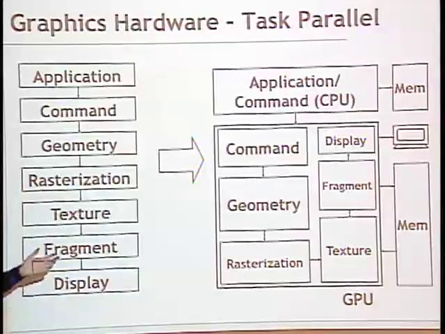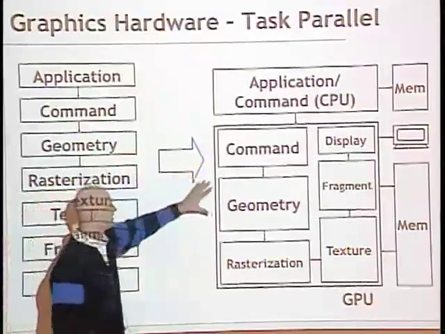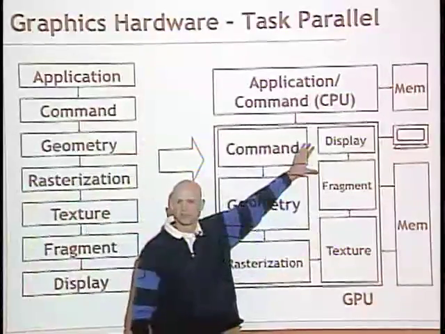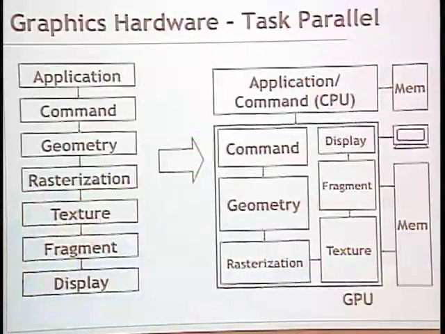You can do rasterization an order of magnitude faster, better, with less power and less area than you can if you use a general purpose machine. So that's really the win, that no matter how you built the CPU, it just couldn't keep up. It couldn't do everything it needed to do fast enough. But if we specialize to particular tasks, we can get more efficiency. Now, what's the bad thing?